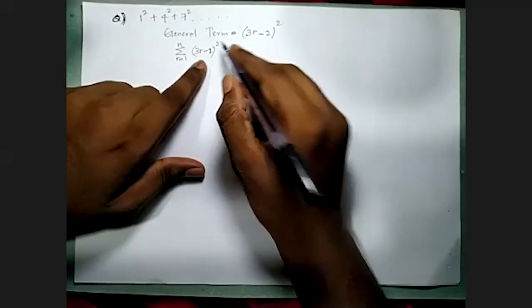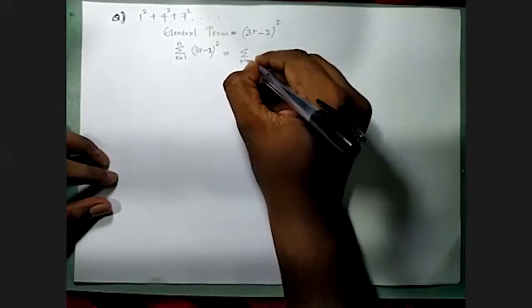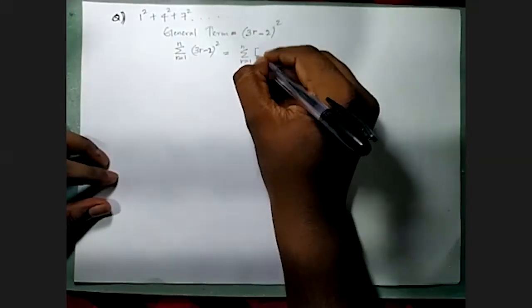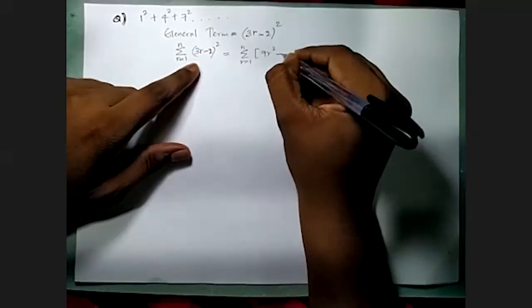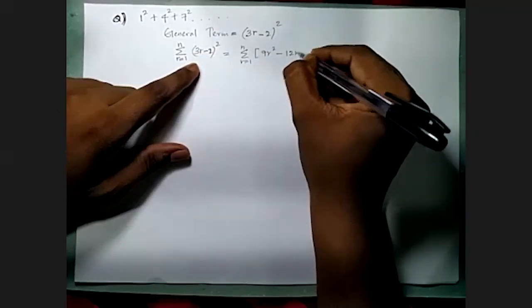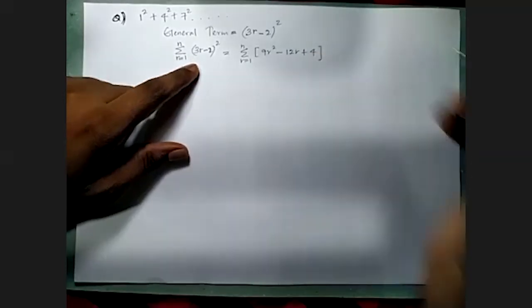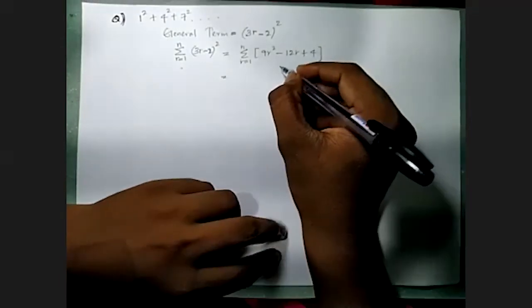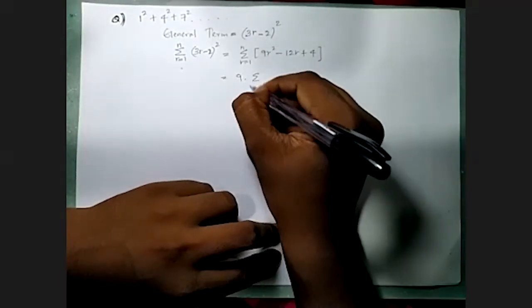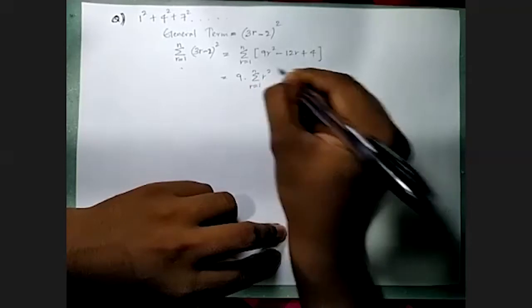Then here we have a square. So before using the characteristics of sigma notation, we have to expand this. Sigma r equals 1 to n, what is the expansion? Square, this is the expansion. Now we can apply the characteristics. Take 9 out, r square.